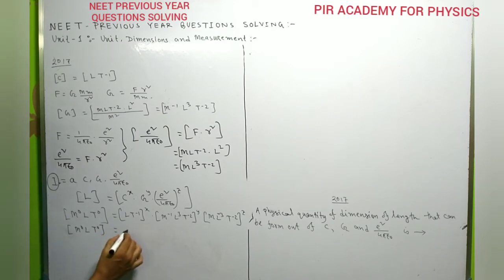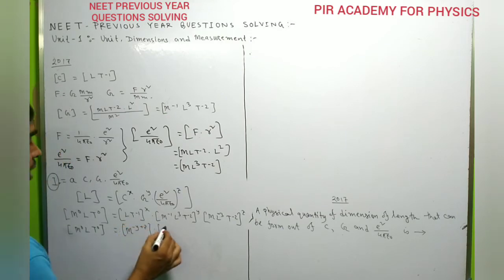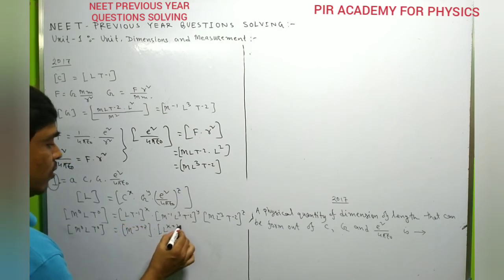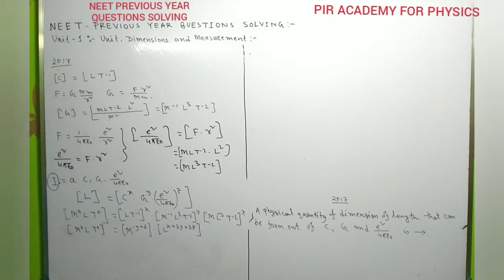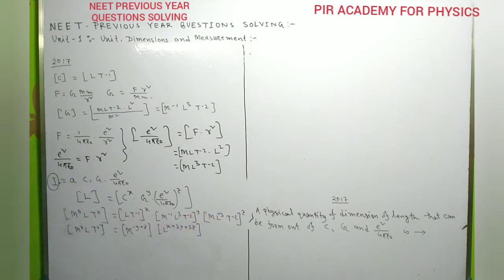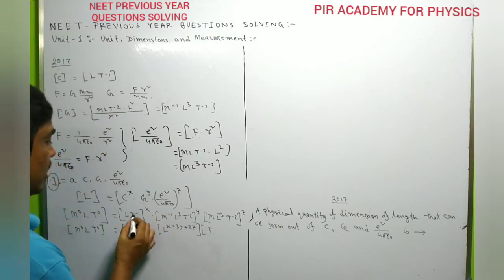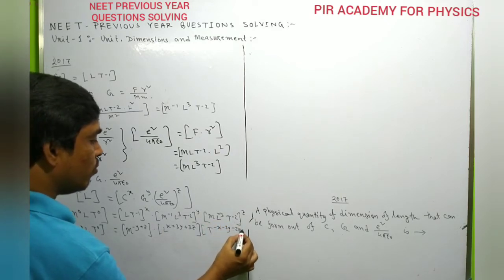First is M: M to the power minus y plus z. L to the power x plus 3y plus 3z, and T to the power minus x minus 2y minus 2z.